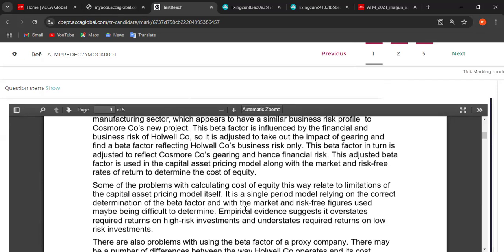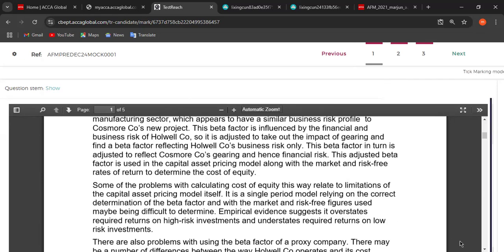Empirical evidence suggests that it overstates required returns on high risk investments and understates required returns on low risk investments. These are the limitations or drawbacks of the capital asset pricing model. It is applicable for a single period.